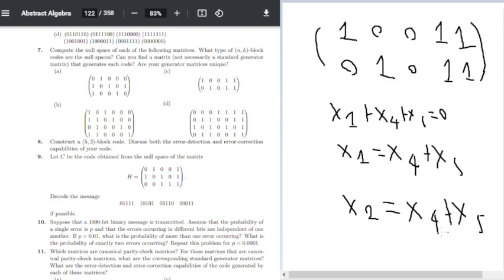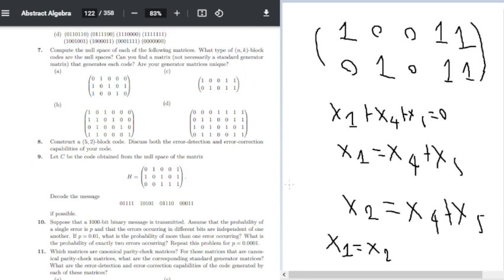Which means as well that x1 is going to have to equal x2.